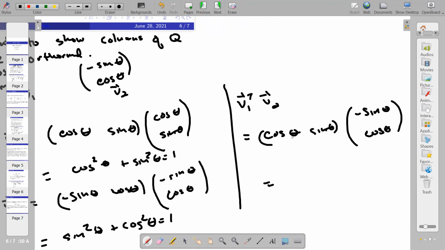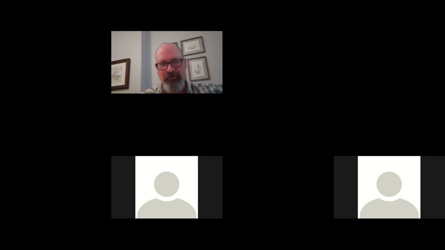From the first term you get minus sine theta cosine theta, plus sine theta cosine theta. So of course that's 0. If you do the calculation the other way you could check that V2 is orthogonal to V1. But if one thing is at right angles to something, then the other is at right angles to the first, as you can see by thinking about the transpose. So the set of vectors is orthonormal, right? It's more than just orthogonal, more than just being at right angles.